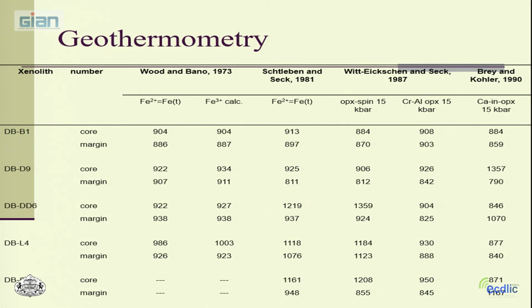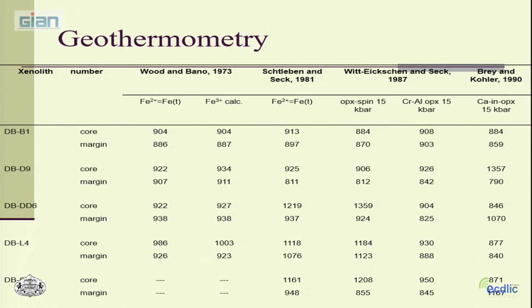And these are the temperatures that have been obtained making use of various different geothermometers, and you can see the temperature is also limited: 884, 870 or 908, 903. So in the range of 850 to 900 degrees centigrade, again indicating they are coming from a very shallow depth.